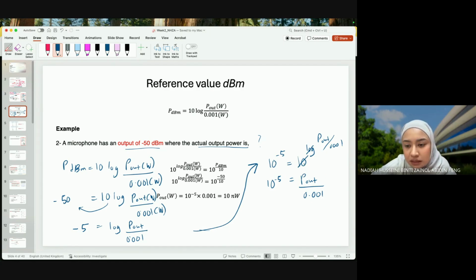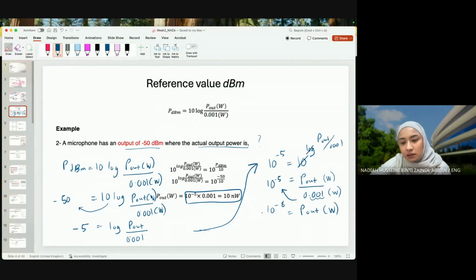Because this is in watt, you would multiply this with 0.001. I'm just going to write this down so that you don't get confused. So that would give me 10 to the power of, is someone asking? So this is 3, 1, 2, 3. 10 to the power of minus 8 is P out.